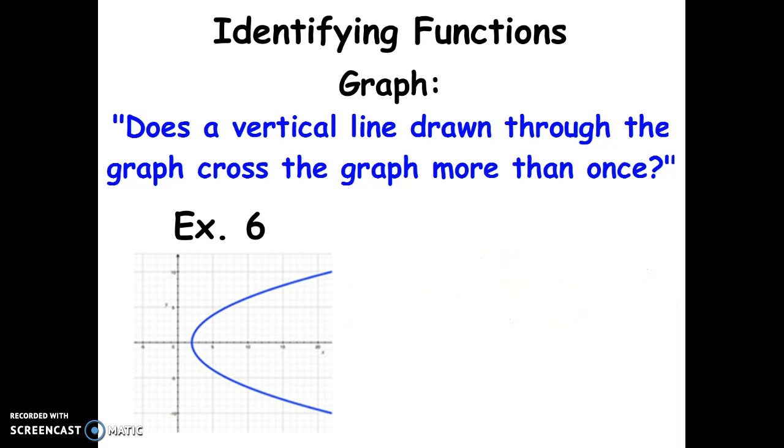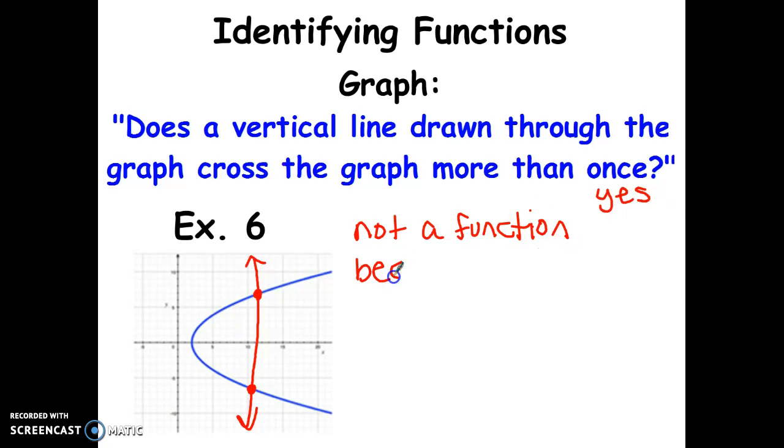Now let's try this one. When we draw a vertical line through this graph, we can see that this line crosses this graph once here, and it also crosses this graph once here. So to answer our question, we would say yes, this line does cross this graph more than once. So this is not a function.